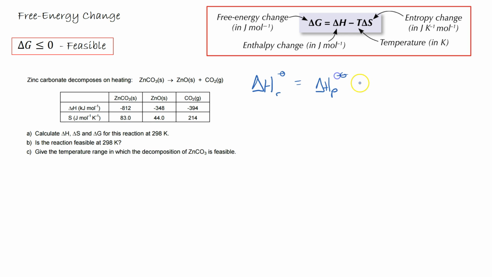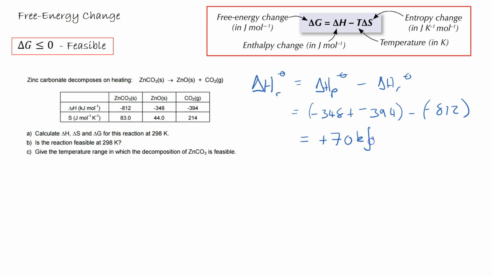So in this case we would have minus 348 plus minus 394, take away minus 812, and that gives a total of plus 70 kilojoules per mole.